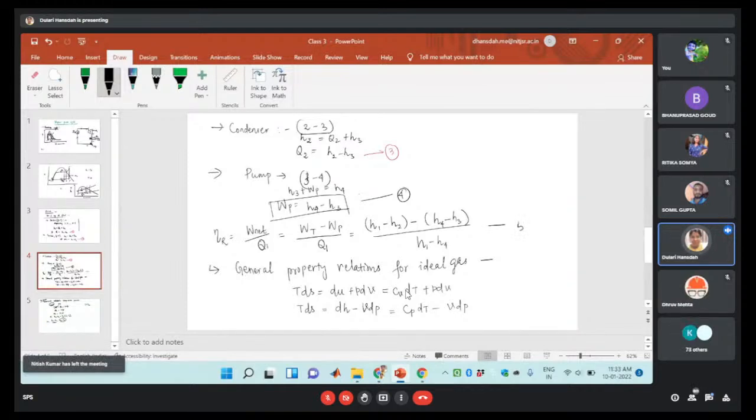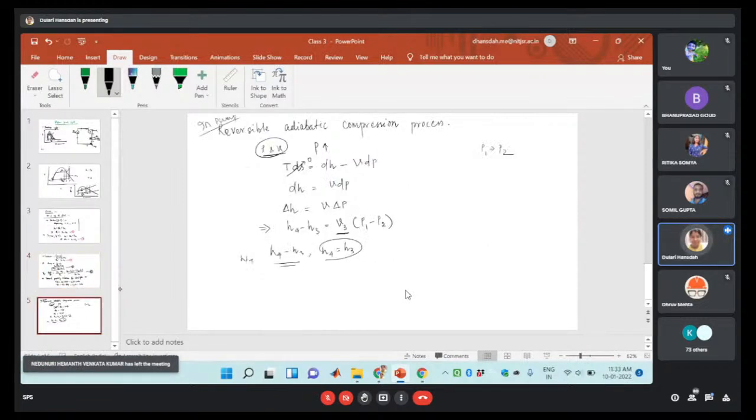Let us write this relation as equation number 5. Then equation number 5 becomes the efficiency of the Rankine cycle. We can write it as H1 minus H2 over H1 minus H4, where H1 minus H4 is the heat addition and H1 minus H2 is the turbine work.